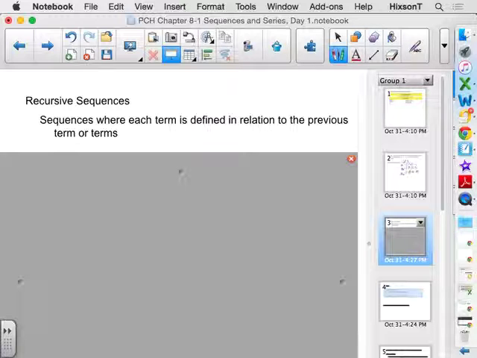We have our a sub n that is dependent on the previous value. So for example, I could say a sub n is 3 times a sub n minus 1. That's the previous one.